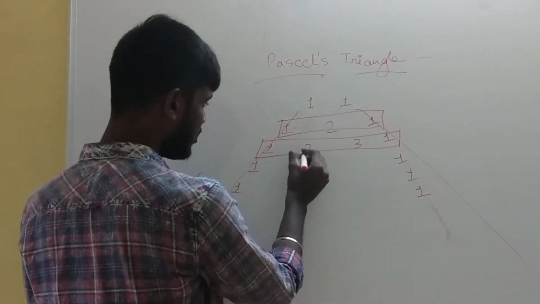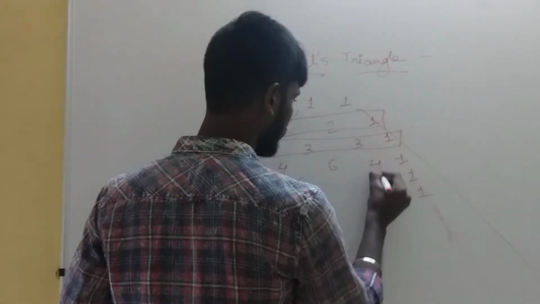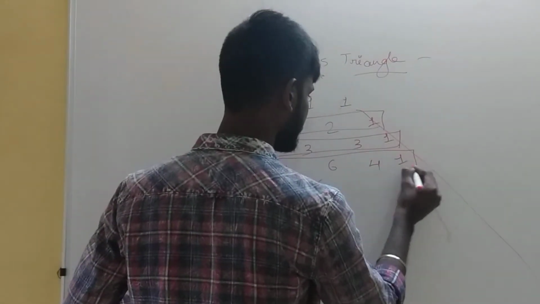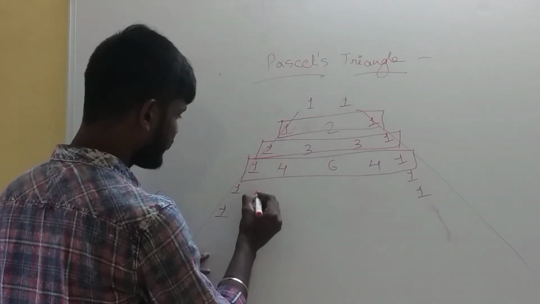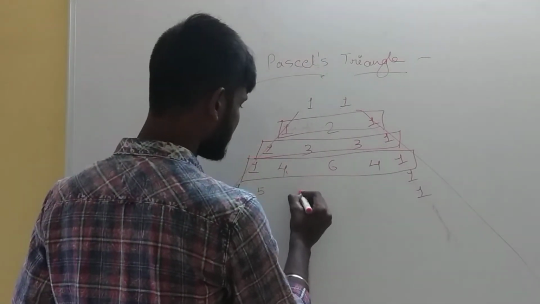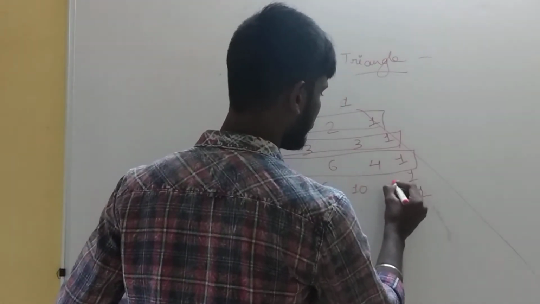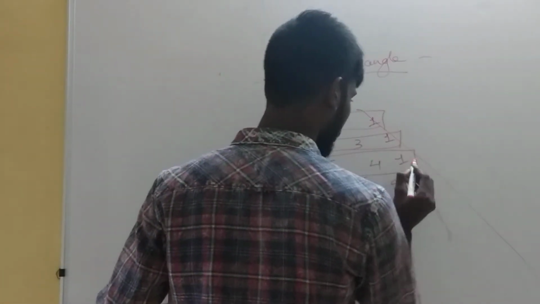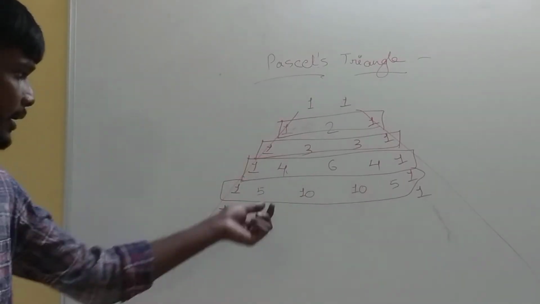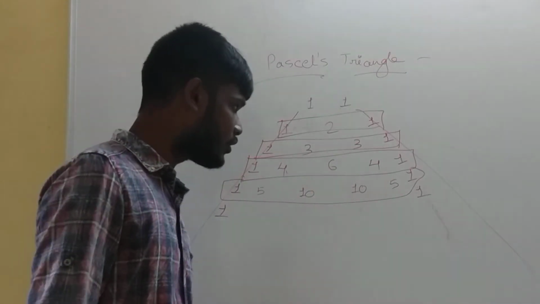Then next, 1, 4, 3 plus 3 is 6, 3 plus 1 is 4, 1, 4, 6, 4, 1. Next, 1 plus 4 is 5, 4 plus 6 is 10, 6 plus 4 is 10, then 4 plus 1 is 5. So I am going to get a lot of series like this, a number of series of these kinds of numbers.